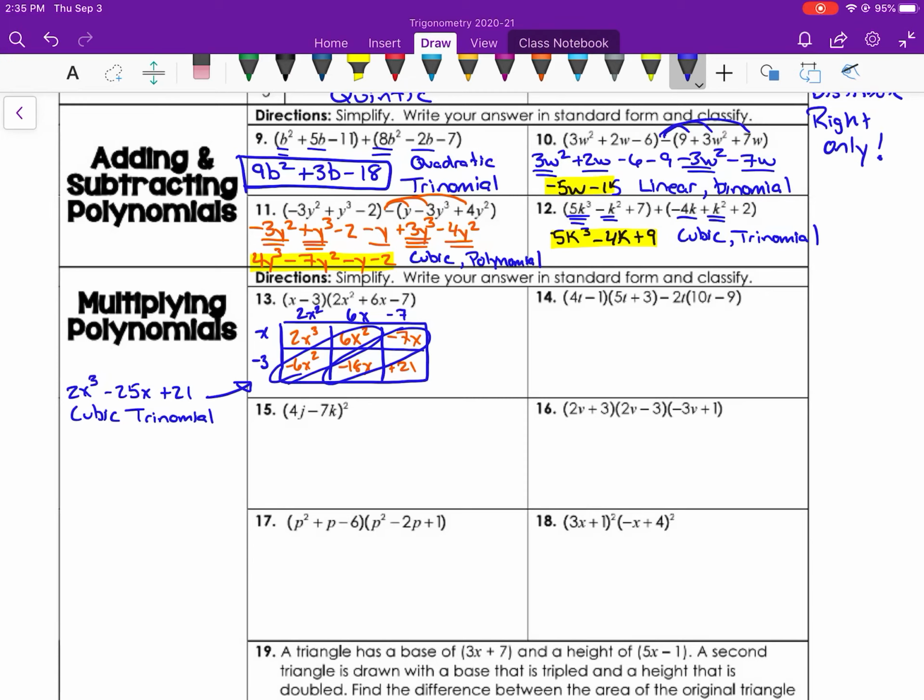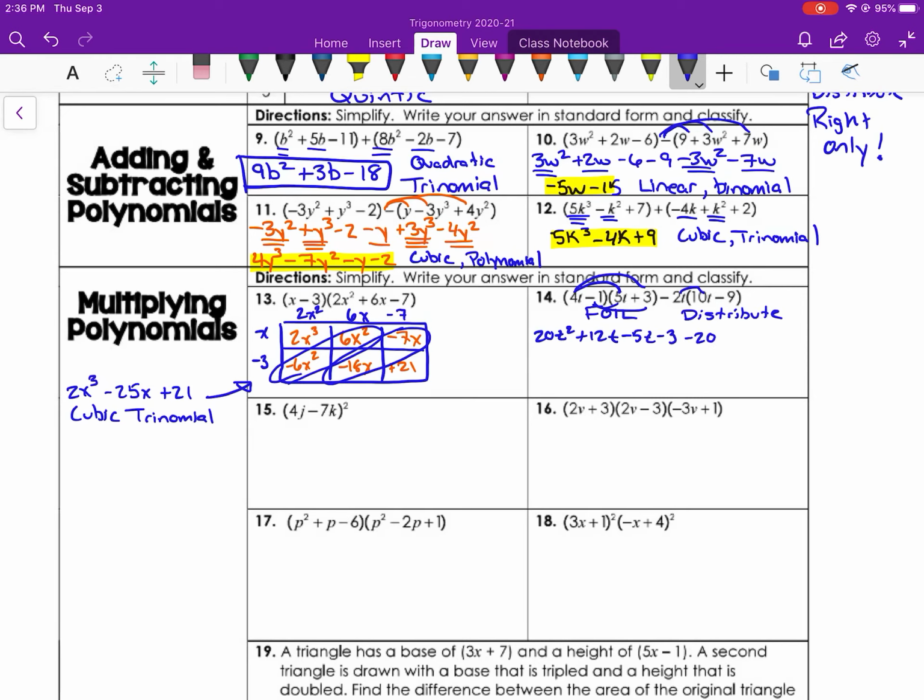Number 14, I'm going to FOIL the first one, and I'm going to distribute that. Alright, so FOILing it out, we get 20t squared, then plus 12t minus 5t minus 3.